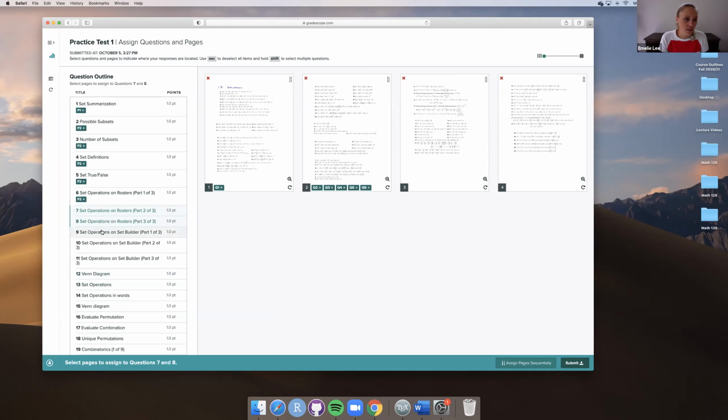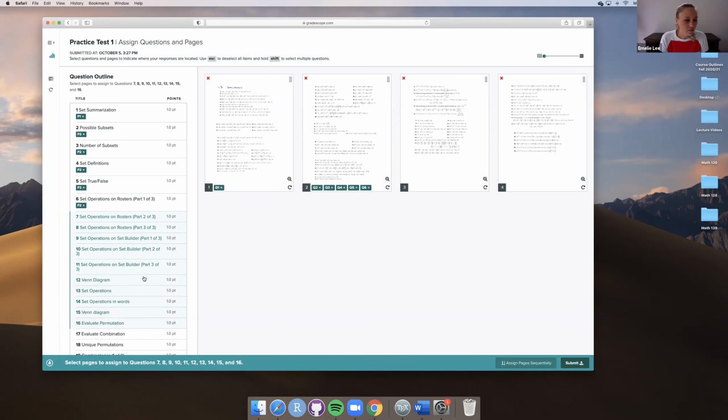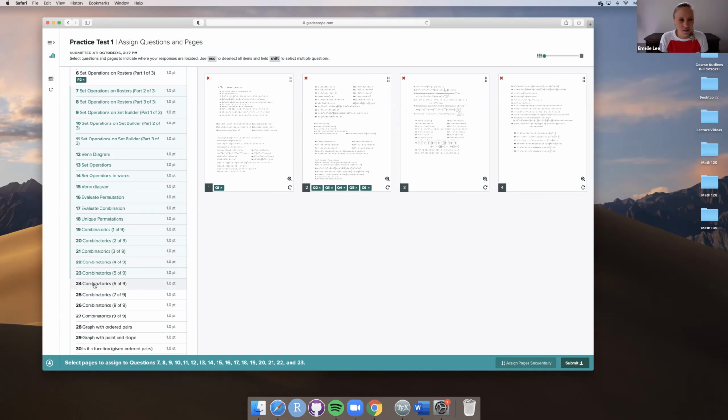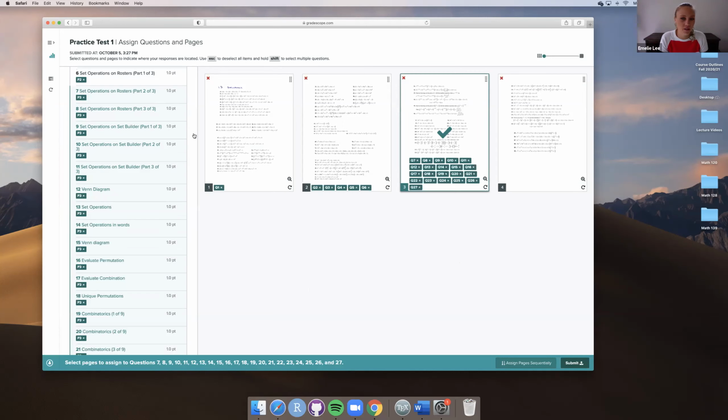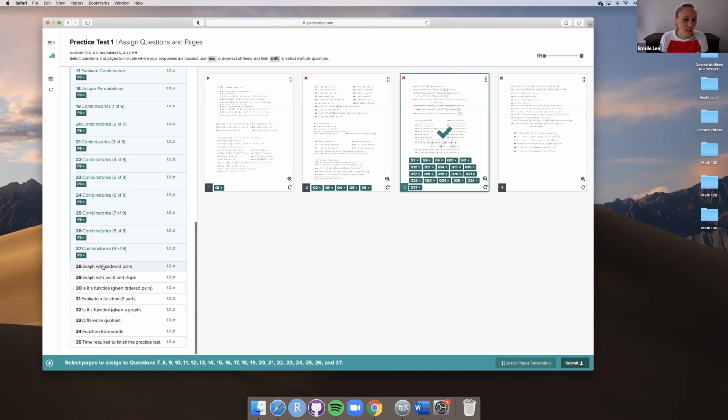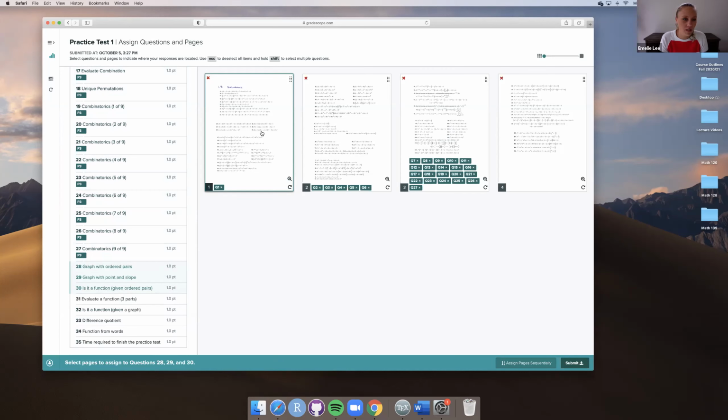So what I'll just do here is I'll just assign all these questions. I tried, it wouldn't let me do multiple questions. I had to tell it where to go and how to get there. 27, and then let's do 28, 29, 30 were somehow on this first page.